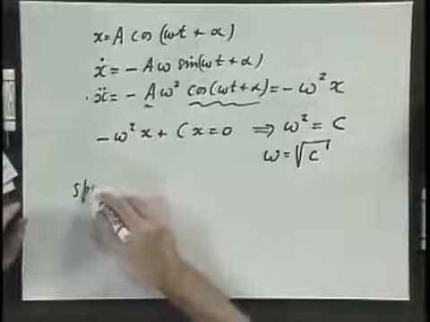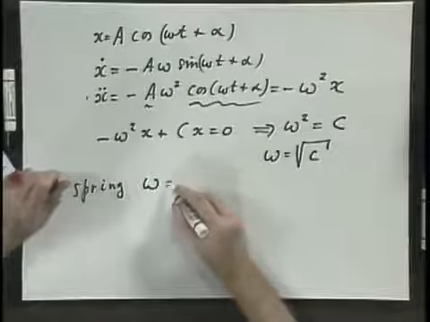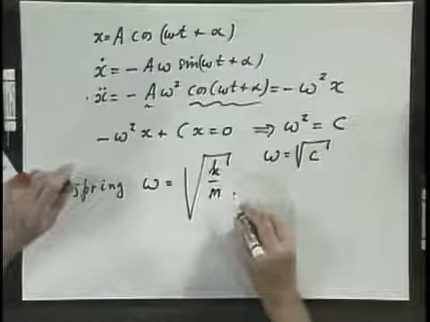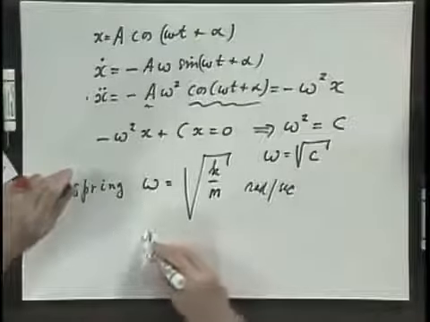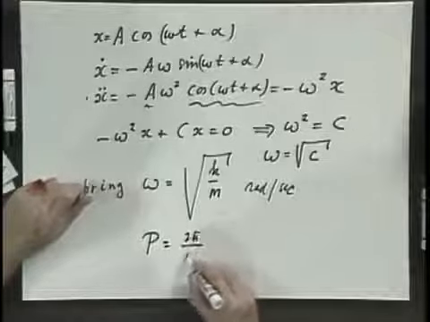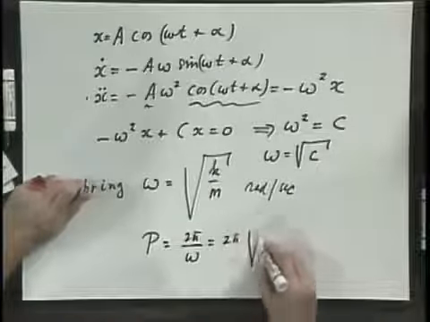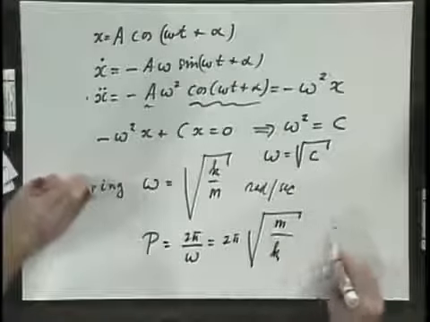And so in the case of our spring system, omega, the angular frequency, would be the square root of k over m in radians per second, and the period of the oscillation in seconds, which is 2 pi divided by omega, would be 2 pi times the square root of m over k.